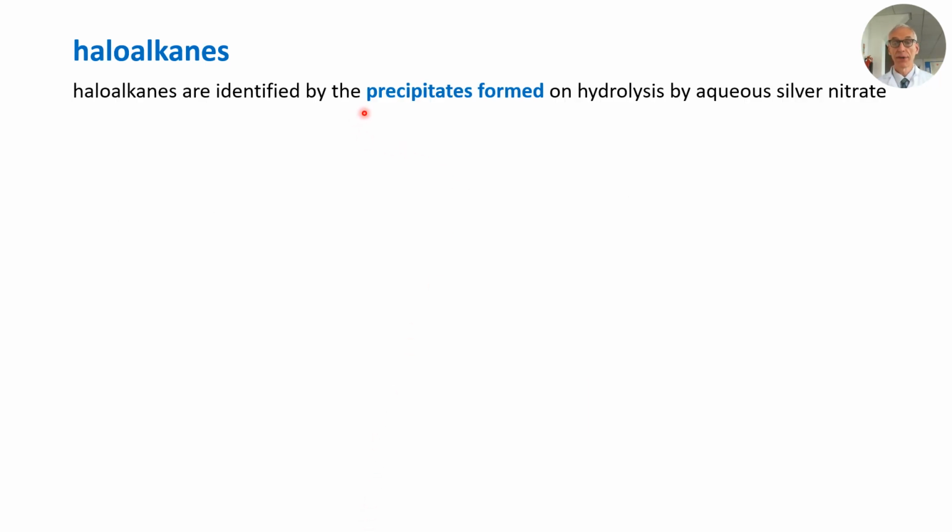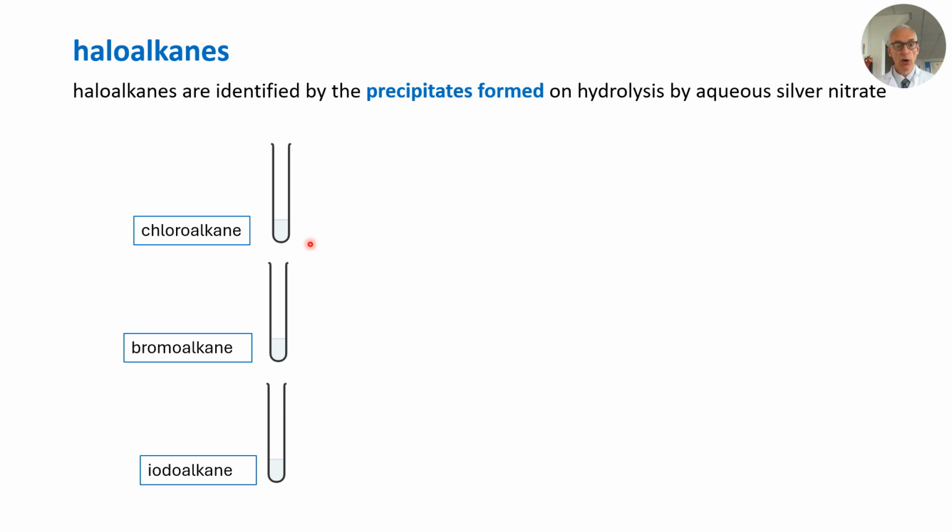Haloalkanes are identified by the precipitates formed on hydrolysis by aqueous silver nitrate. The hydrolysis of the water component of aqueous silver nitrate causes the release of the halide ion. It's the halide ion that then reacts with the silver ion to form the precipitate.